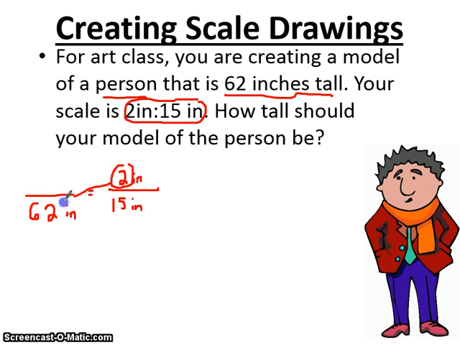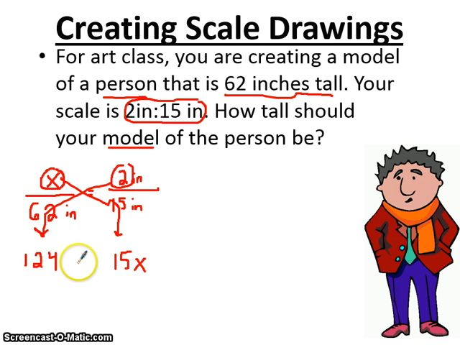2 times 62 is 124. I need an x in my numerator because I'm looking for how tall the model will be, and the model is always the scaled object, or the scaled size. So x times 15 makes 15x. This creates a one-step equation.